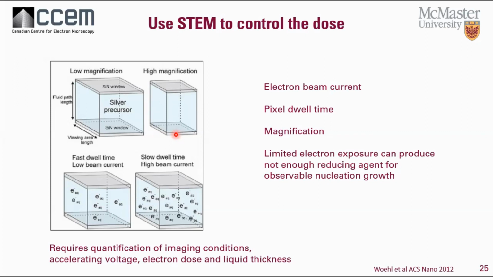Limited electron exposure can produce not enough reducing agent for observable nucleation growth. So before we start a STEM experiment, there is some quantification of imaging conditions that needs to be done, like the accelerating voltage, electron dose, and liquid thickness.